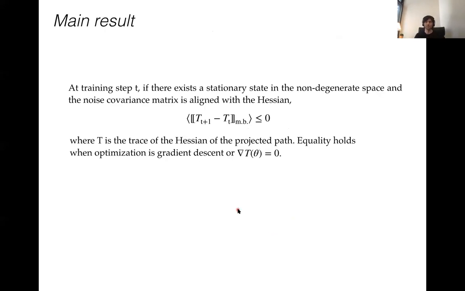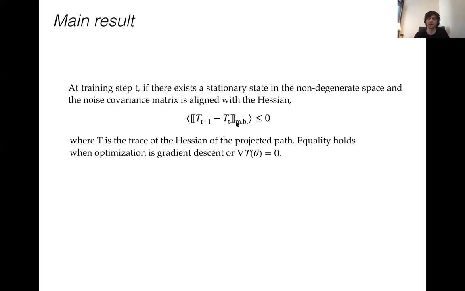So what Mingwei was able to prove is that when you're in this minimal valley, if you have a timescale separation where you've reached stationarity in the stiff directions, then there's an entropic force that pushes you in the degenerate directions in a way that reduces the trace of the Hessian, that is the sum of the eigenvalues or the sum of the curvatures.